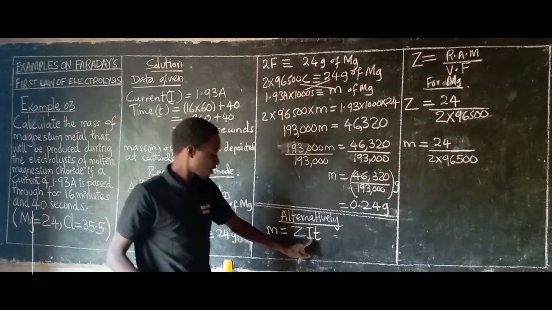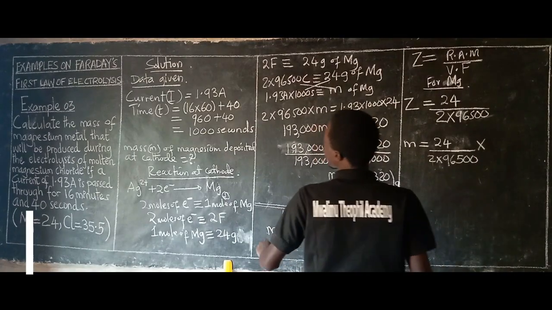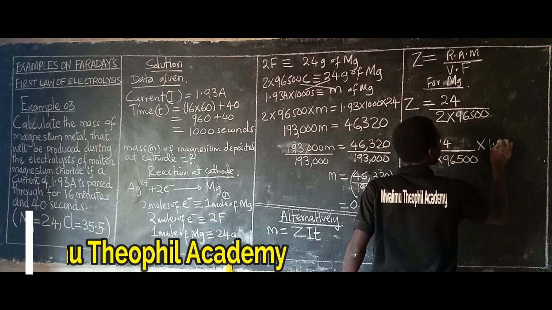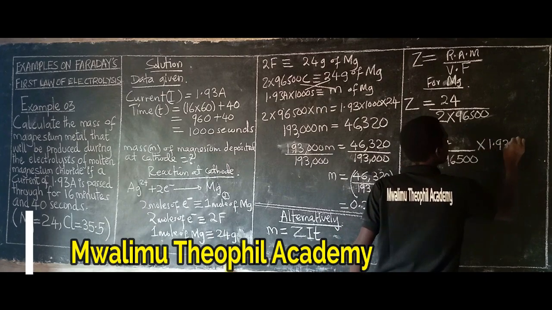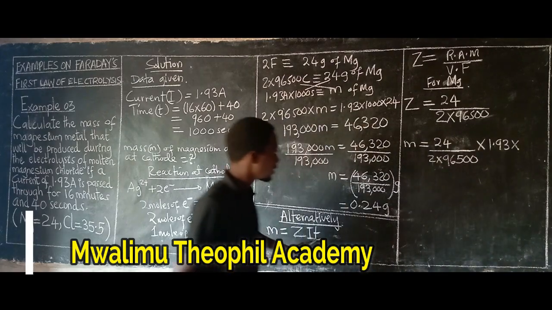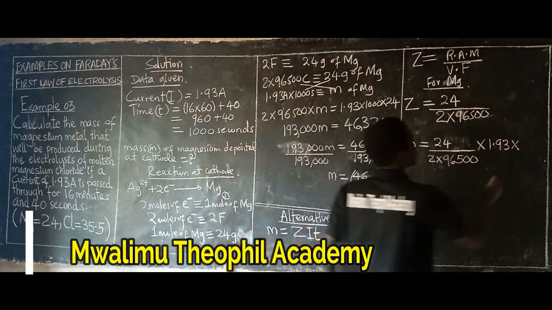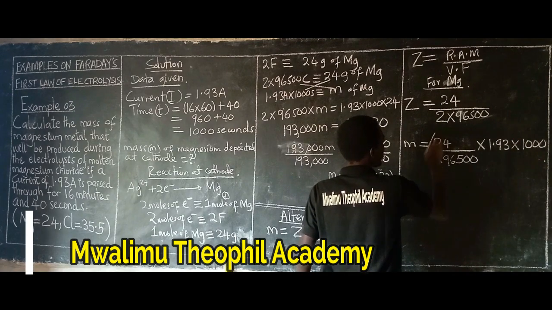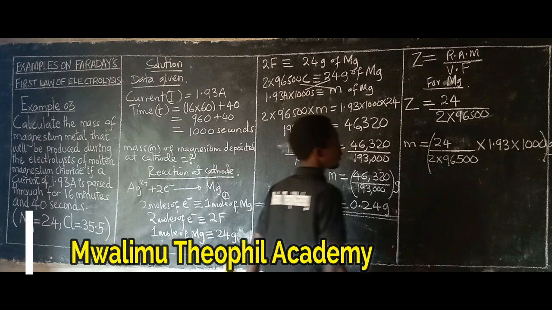We multiply with current. What current do we have? The current we are given is 1.93 ampere, times the time given, which is 1,000 seconds. The answer obtained here is in terms of gram, as we are looking for the mass.